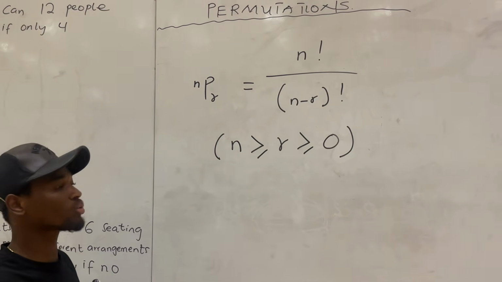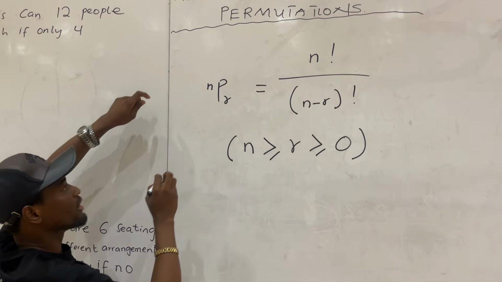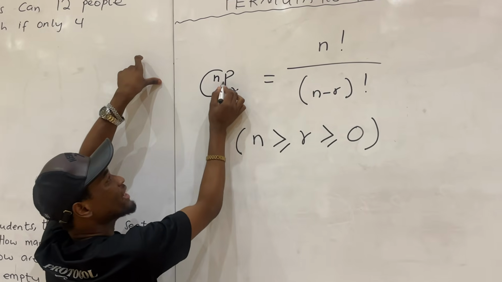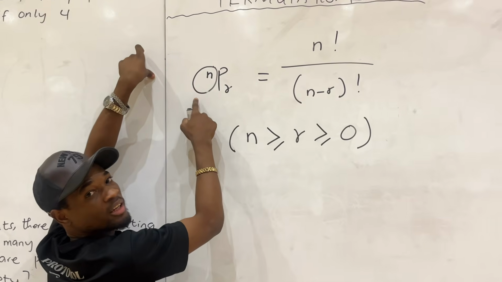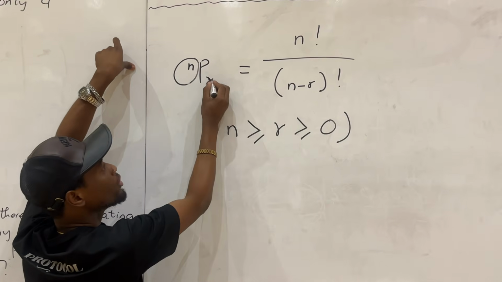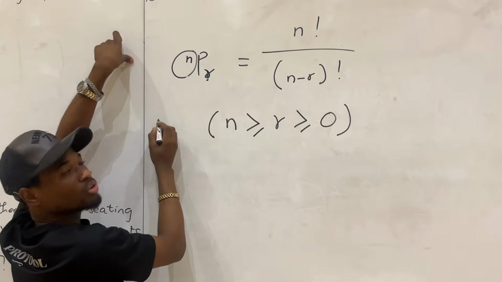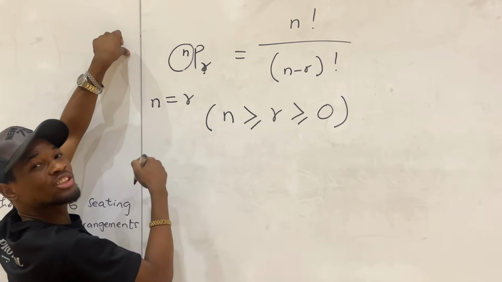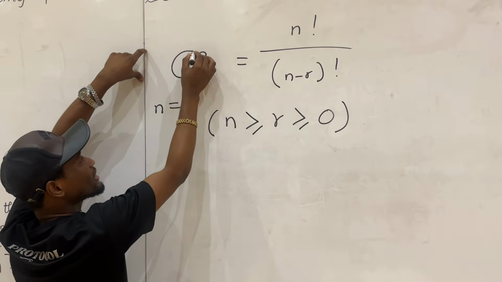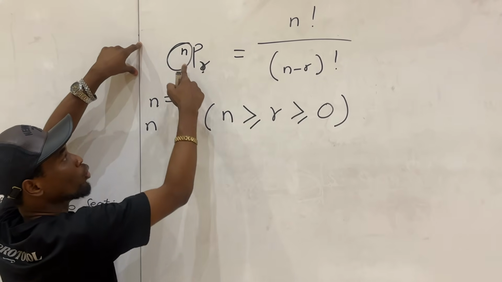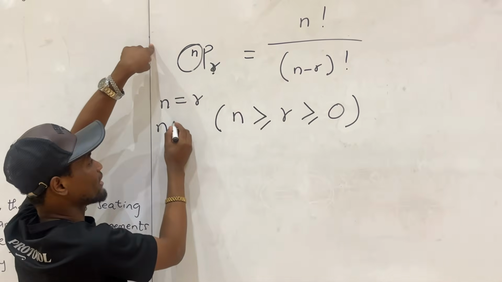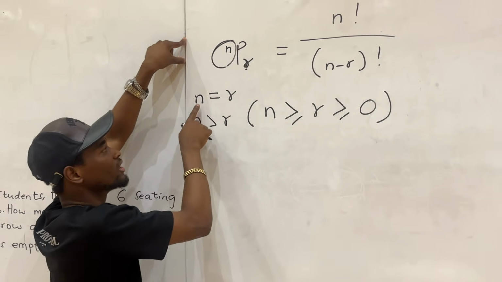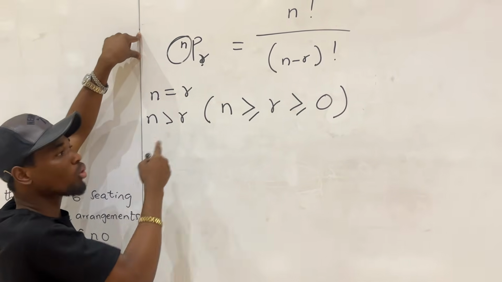So in other words, there are situations where the value of n would be equal to R, and there are situations where n would be greater than R. So it's either greater than or equal to.